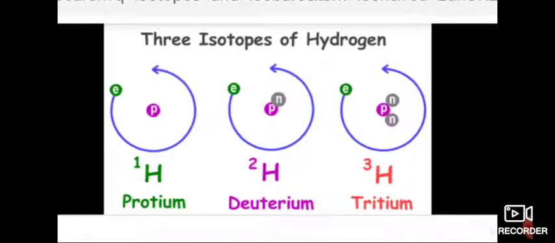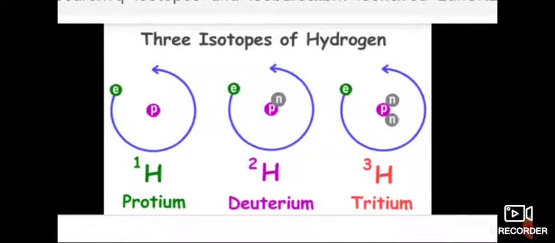If you know the mass number and the atomic number, you can calculate all the subatomic particles. Atomic number is equal to the number of protons, and the number of protons is equal to the number of electrons, and mass number minus number of protons gives the number of neutrons. In this way you can calculate all the subatomic particles.